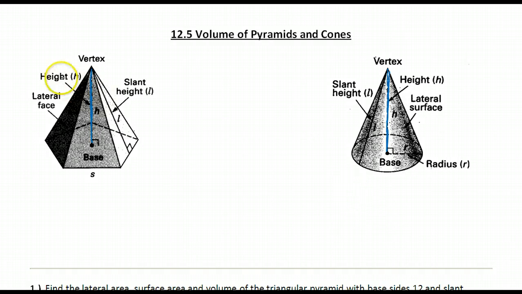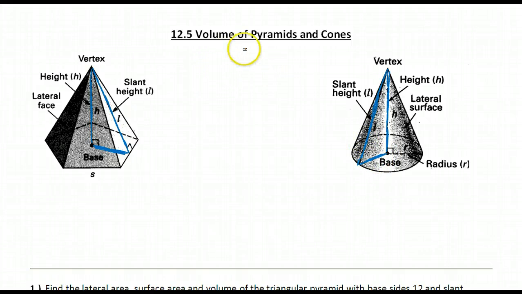We learned yesterday that the height was part of a triangle inside the solid that was made up of the height, the slant height, and the apothem. In a cone, that slice triangle is made up of the height, the slant height, and the radius.